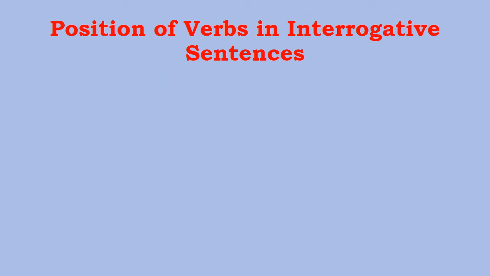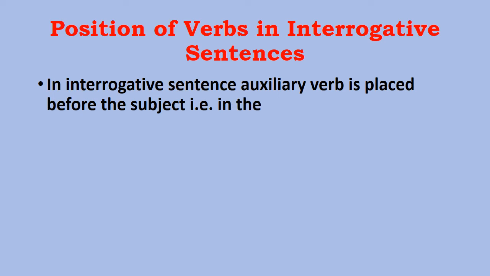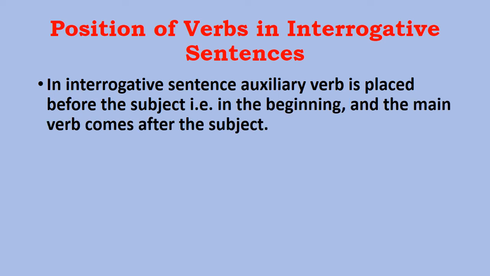Let us move to interrogative sentences. That is how to place a verb in an interrogative sentence. In an interrogative sentence, the auxiliary verb is placed before the subject. That is in the beginning. And the main verb comes after the subject.